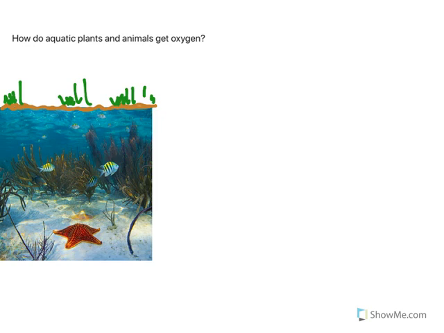Now we'll see how aquatic plants and animals get oxygen. So here's a picture of aquatic life. You can see the fish and aquatic plants there. And there is a lot of oxygen out here in the air. We know in the air we have about 20% oxygen. Now this oxygen slowly enters into the water.